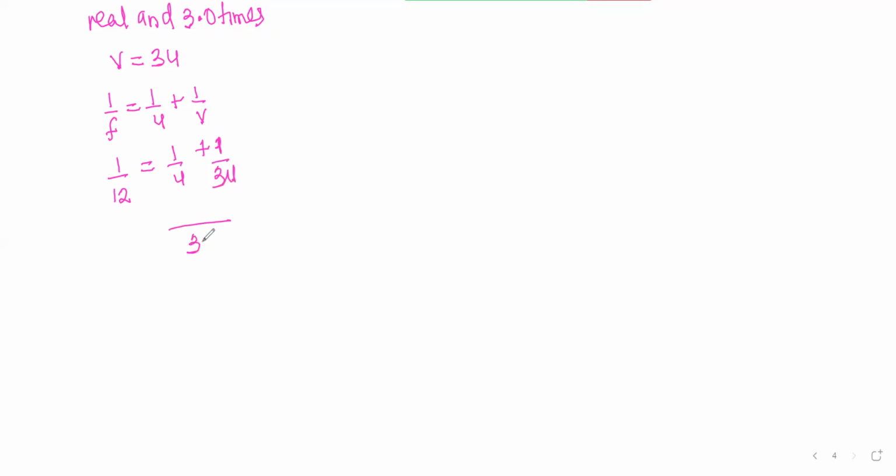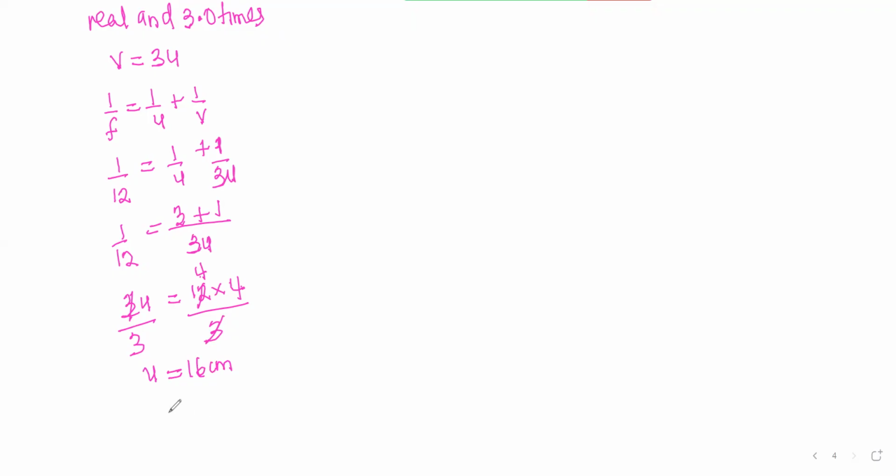Okay, so the LCM is 3U, this is 3 plus 1. So this time we have 3U is equal to 12 times 4. When we divide through by 3, this is going into this 4. So we have U is equal to 16 centimeters.